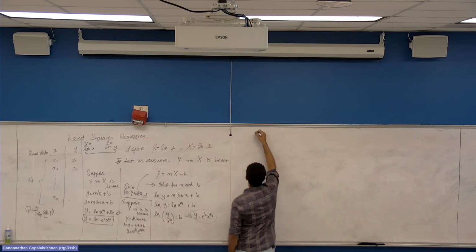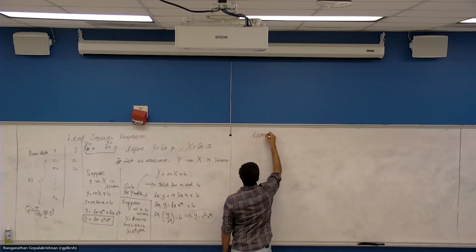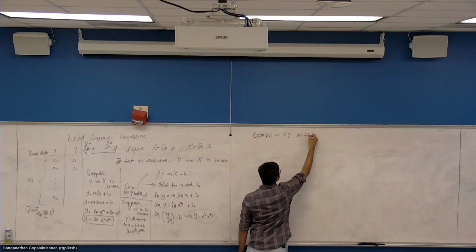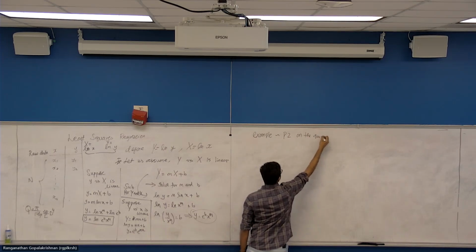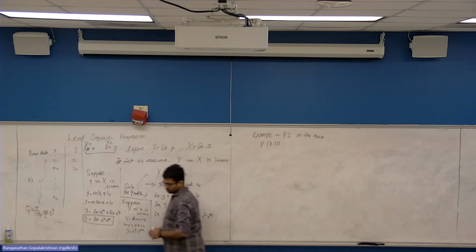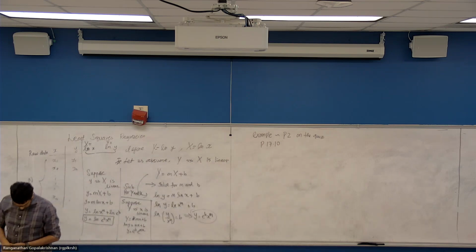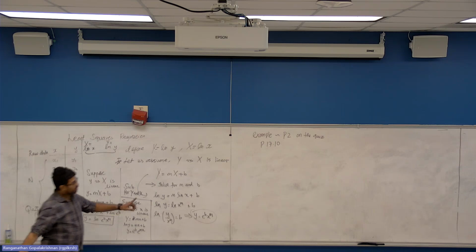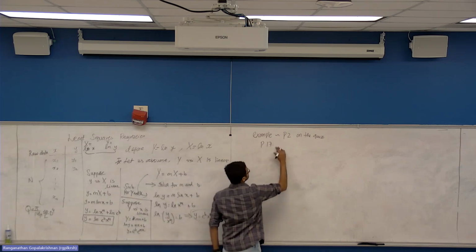So this is an example typical of P2 on the quiz. Okay, problem 17.10 from the book. Oh, let's do problem, sorry, 17.9, 17.10.